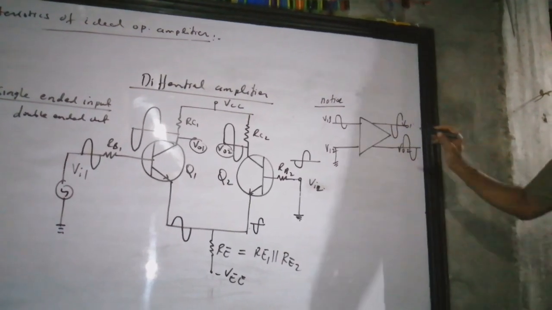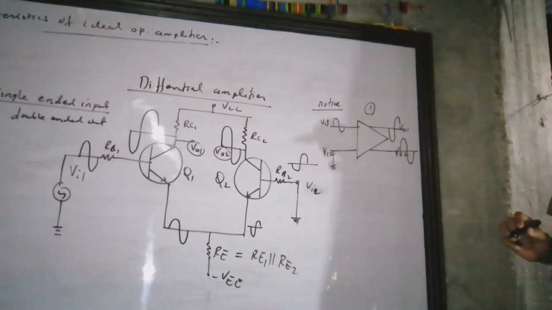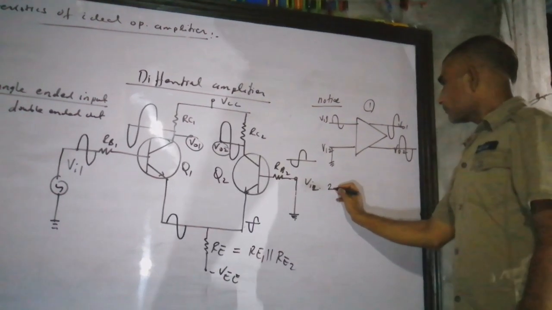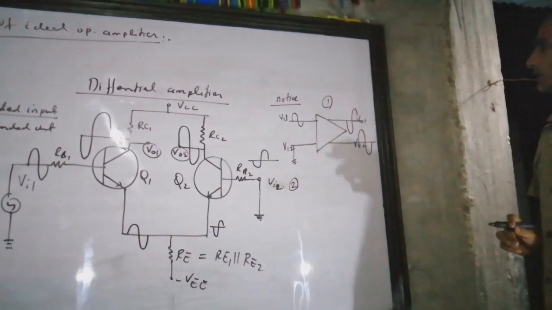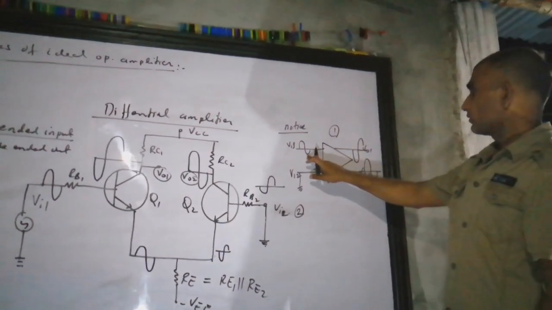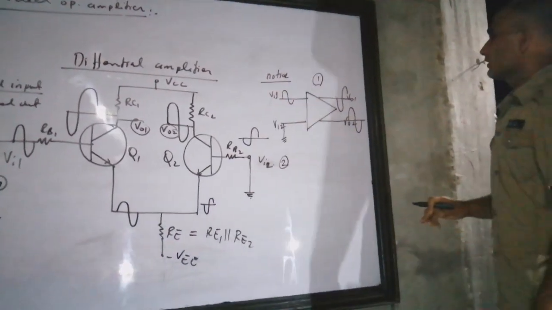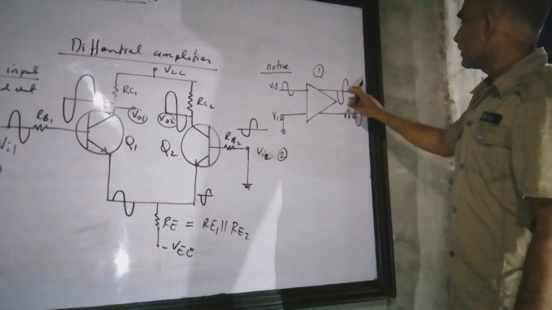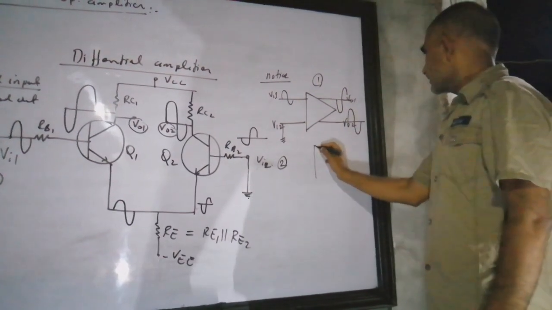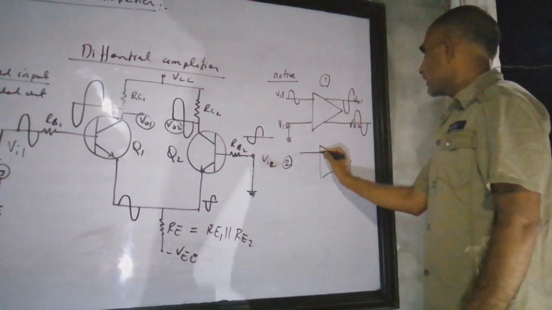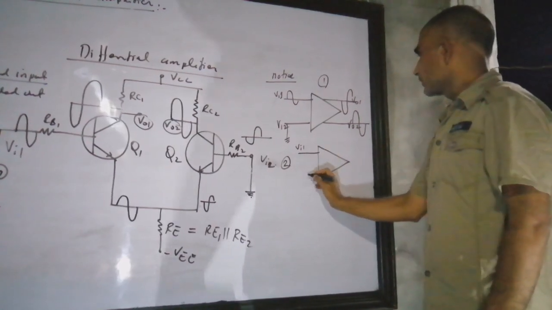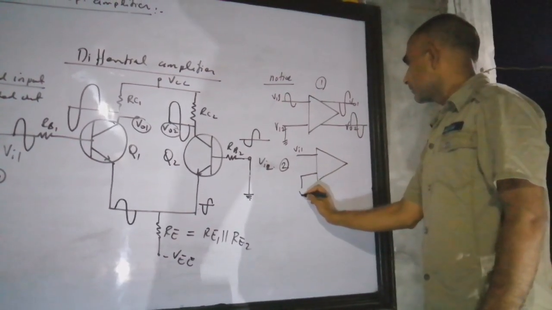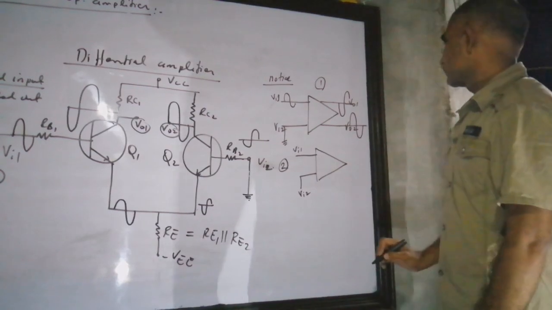So that is one point you have to keep in mind. The second point is, if we apply the signal at Vin2, then we will get just the opposite of this case. In this case, I am not applying any signal at Vin1, but I am applying a signal at Vin2.